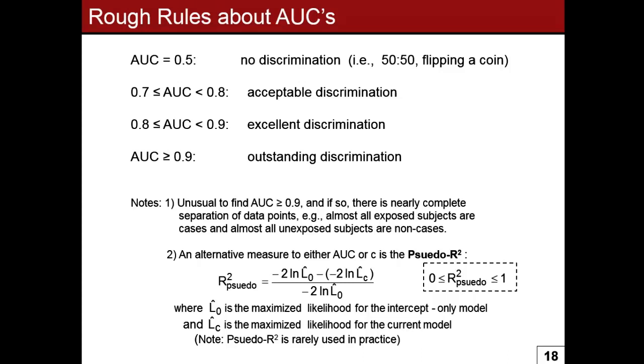What I will say is that the state of the art in your field really matters. I work in HIV prevention, and AUCs in the HIV world are always way above 0.9 because, say, you're evaluating HIV testing criteria or diagnostics. You never really want to make a wrong call on an HIV test, either on the positive side or the negative side.